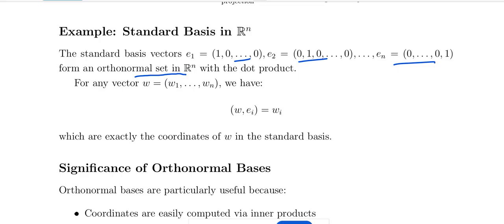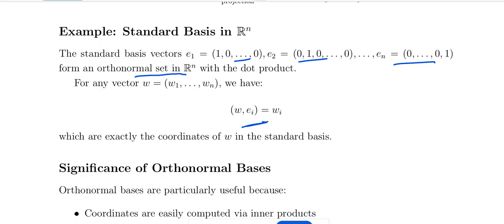If you take any vector w, we have w comma ei equal to wi. Am I correct? w comma ei is wi. And what about the other properties?